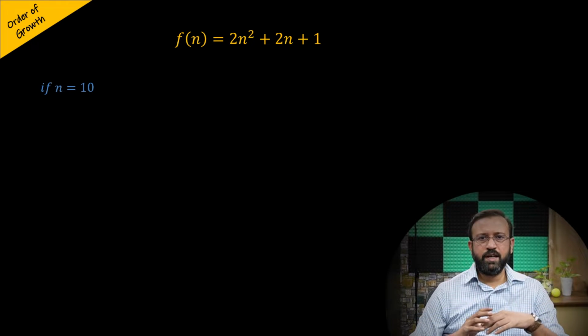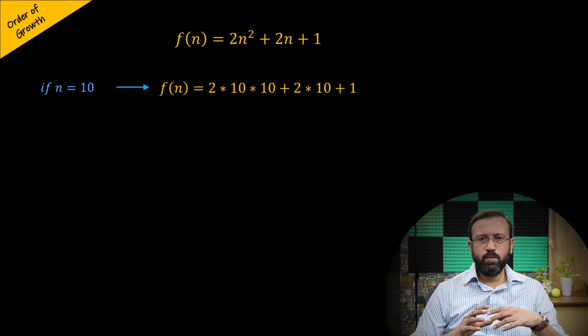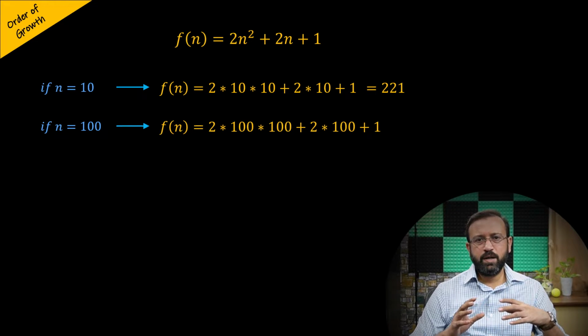For example, if n is 10, then the function f of n will be 2 multiplied by 10 multiplied by 10 plus 2 multiplied by 10 plus 1, which is 221. Now, if n is 100, then the function f of n will be 2 multiplied by 100 multiplied by 100 plus 2 multiplied by 100 plus 1, which is 20,201.